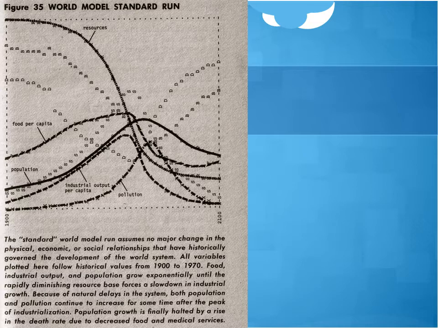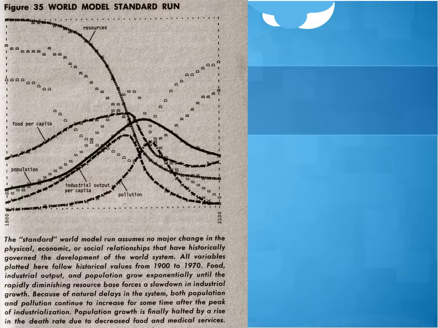So what they did was that they looked at what had happened in the world between 1900 and 1970, which is where they cut off the data to develop the models. And then they looked at what would happen between 1970 and the next 130 years until 2100. Okay, and they have these five variables, and you can see here essentially how each of these variables behaves.